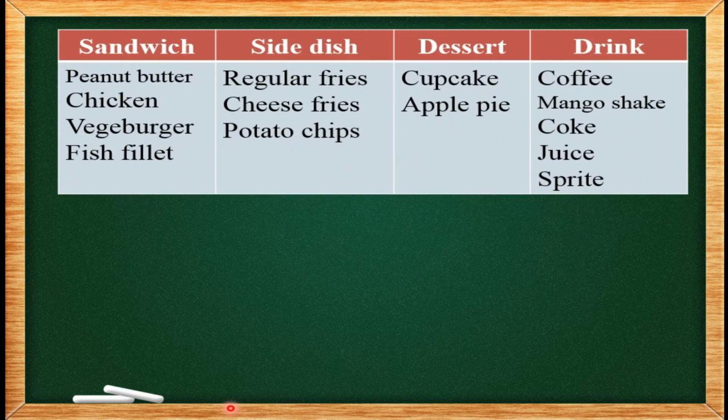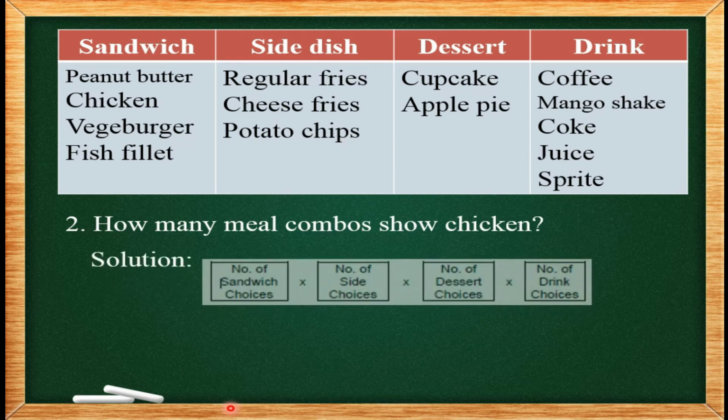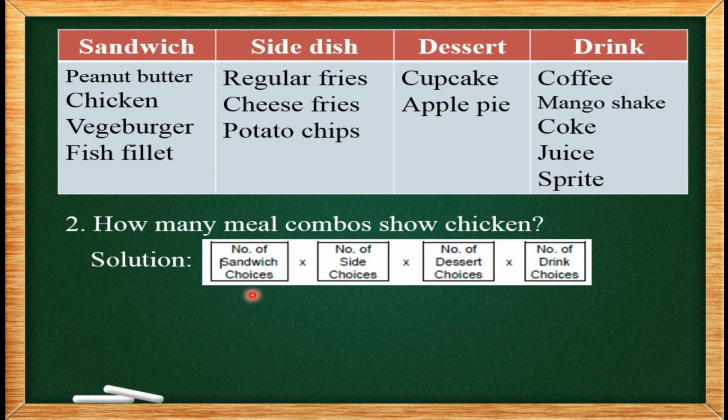Using the same given, how many meal combos show chicken? So the solution is, you have the number of sandwich choices, times number of side choices, times number of dessert choices, times number of drinks, is equal to the number of meal combos showing chicken. So for the sandwich choices, you're only having one. It's identified, it's already chicken.